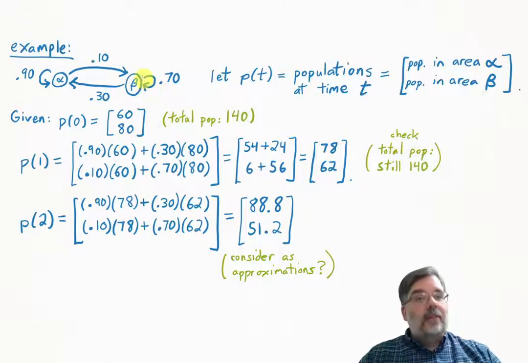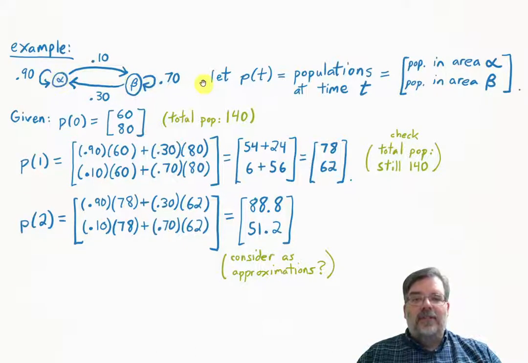And I'm indicating the population that stays by this arrow which goes from each region and points back to itself. Should also say, for a simplifying assumption here, we're assuming that the population stays constant, right? That there are no births or deaths in either population. So those are our assumptions.